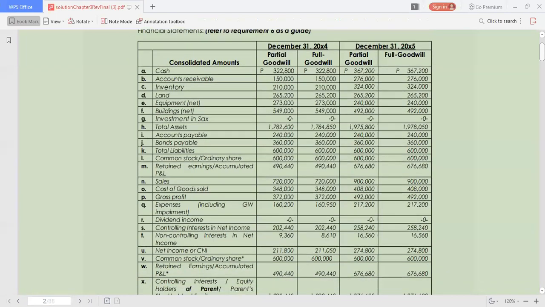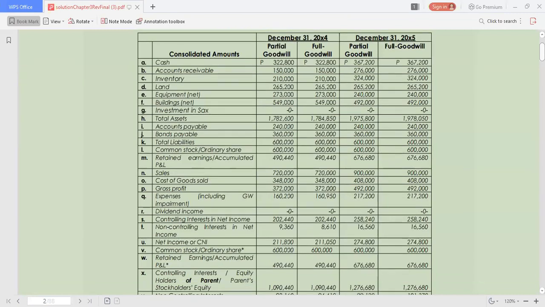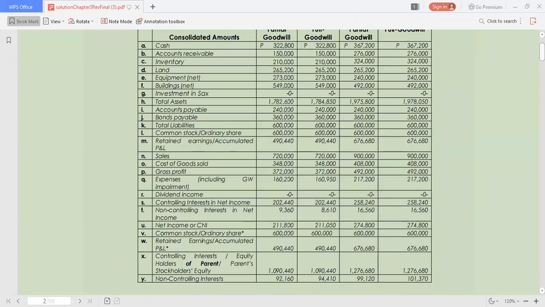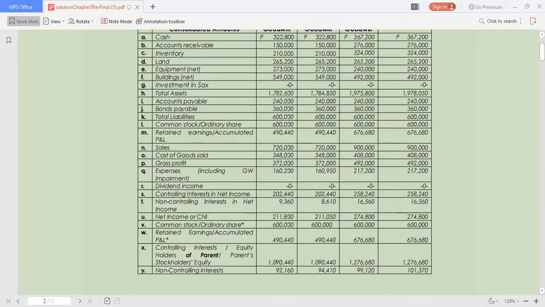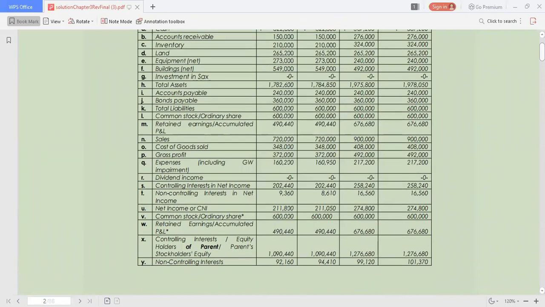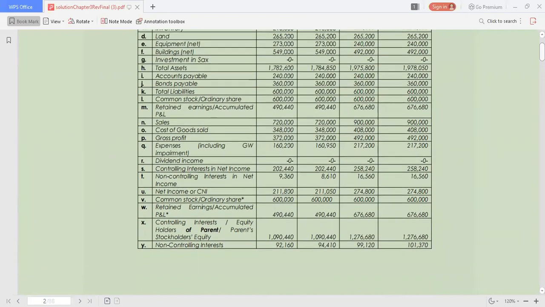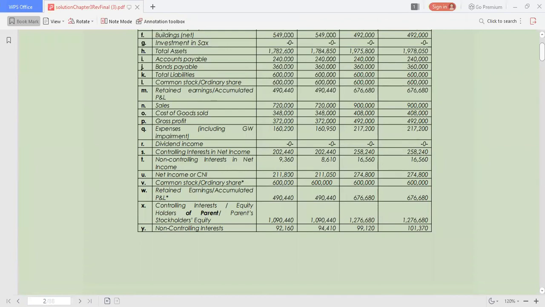Then the common stock, ordinary share, and the retained earnings, accumulated profit and loss. And we have now the controlling interest, equity holders, so parents, stockholders, equity, then the non-controlling interest of 92,160 as against 94,410.